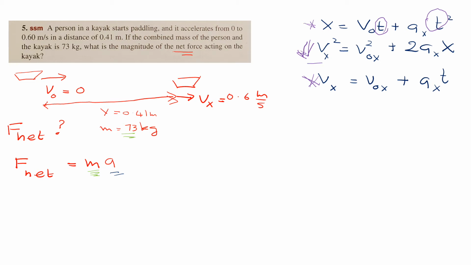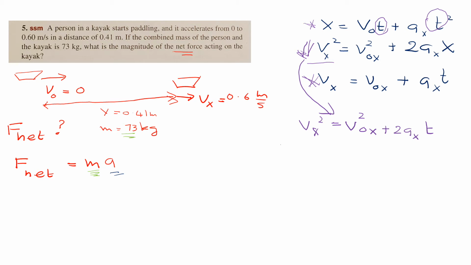Let me write it here: Vx square is equal to V naught x square plus 2 ax x. Let me substitute these numbers into this equation.